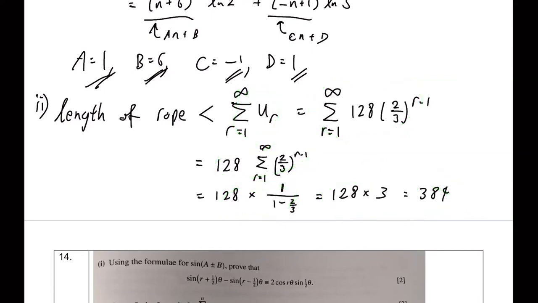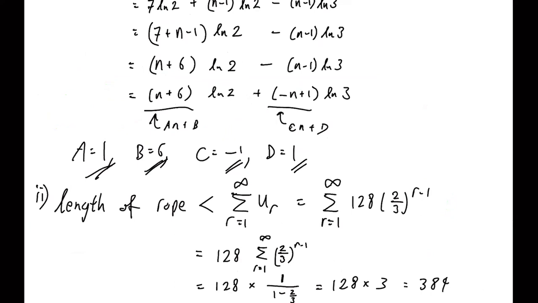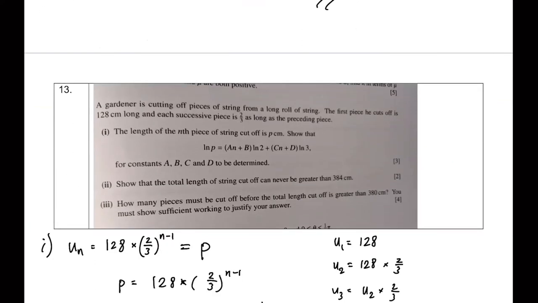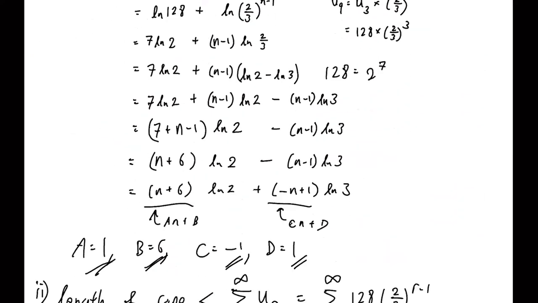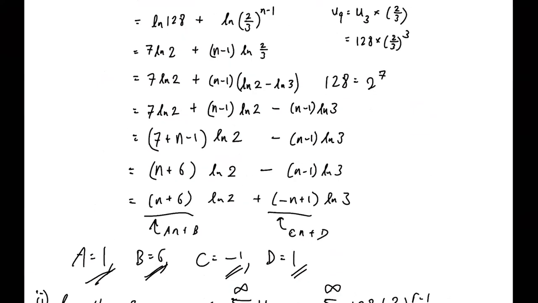So therefore, we conclude that the length of the rope is less than 384, and then we get our answer. Show that the total length of string cut off can never be greater than 384. There we go, never greater. Maybe we should put down a less than or equal to. Actually, no, equal is fine.